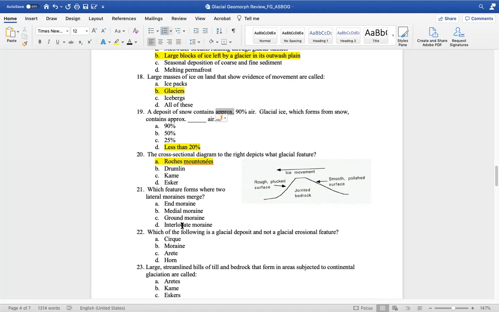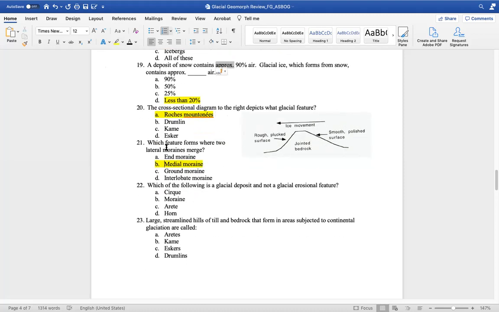Interlobate moraine is where two or more ice sheets make contact with each other, but that's not a medial moraine. So that's a good option, but medial moraine is where they merge. So B is the correct answer.